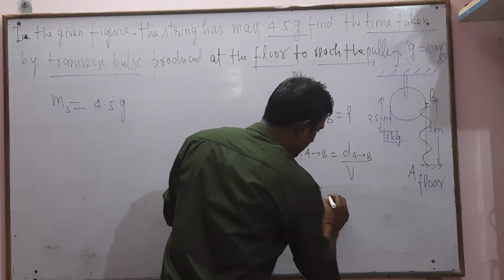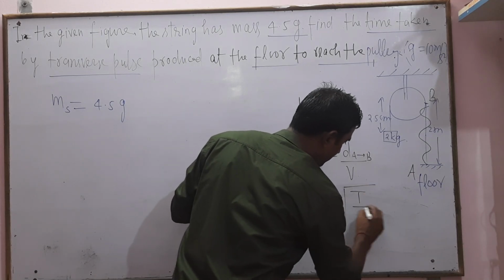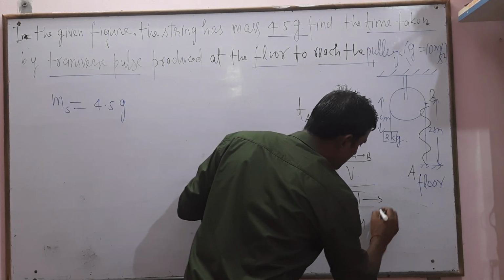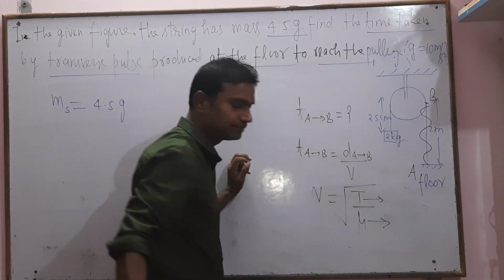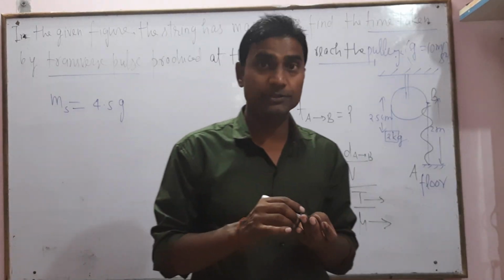We know that V equals the square root of T by mu. T is the tension in the string, and mu is the mass per unit length. This is the important point.